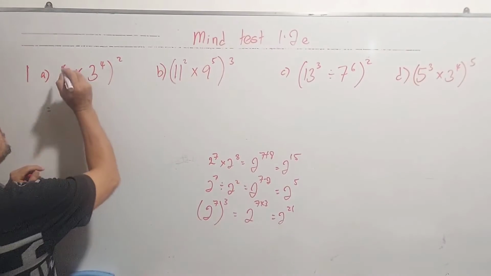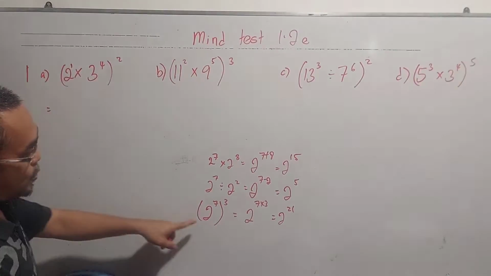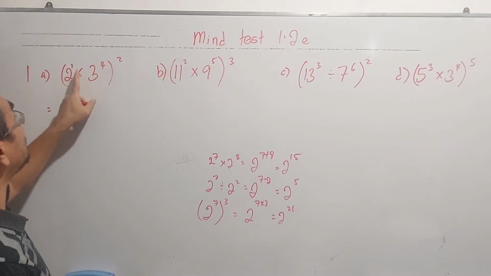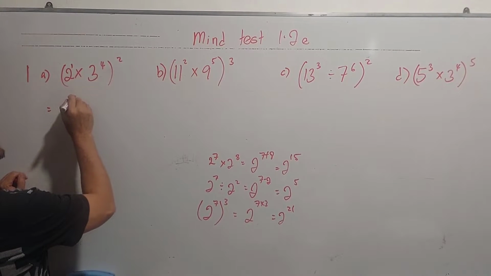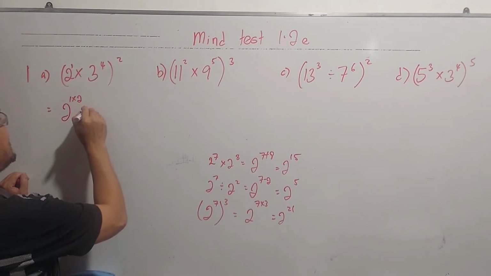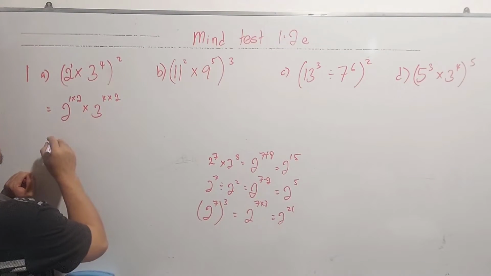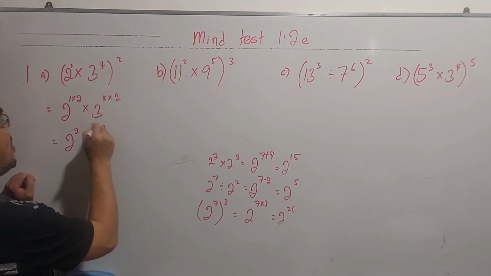No, 2 to the power of 1, originally. Now you use the concept of power to the power: outside here is a power, so you multiply 1 times 2, so we have 2, and then 1 times 2, and then 3 times 4 times 2. So it becomes 2 to the power of 2 times 3 to the power of 8.